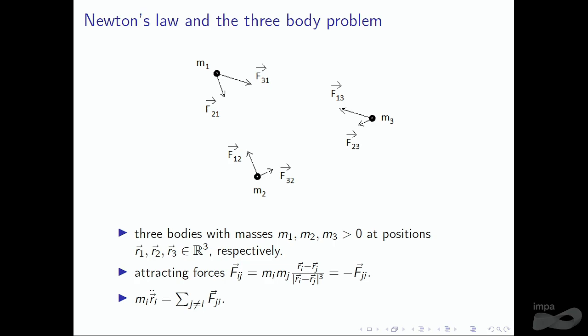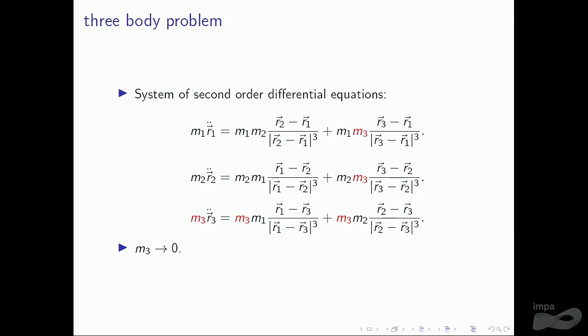And they attract each other by these forces there. And these forces are proportional to the inverse of the square of the distance between the bodies. And we have Newton's law, which says that mass times the acceleration of the body is the resulting force on that body, which gives a set of equations describing the motions of the three bodies, these three equations here.